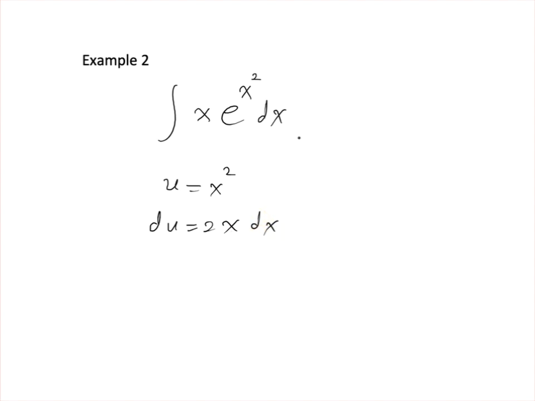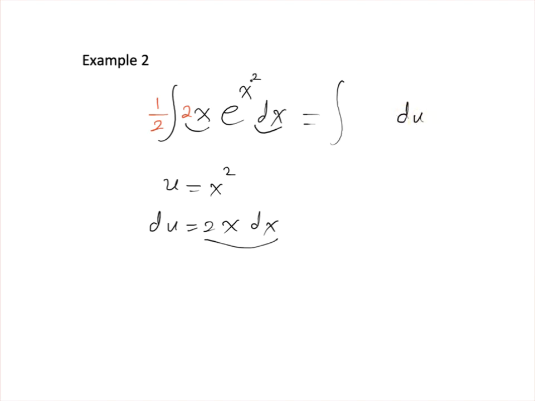Now if we make the substitutions, this becomes the integral of, again, there is no 2 here, so I need to have a 2x here, so therefore I have to put a half on the outside. So now the 2x and the dx, that is 2x dx, gives me the du.